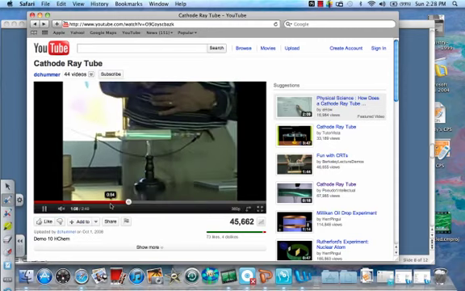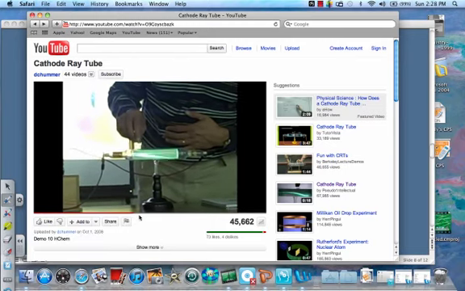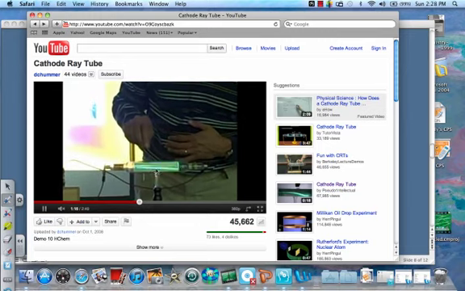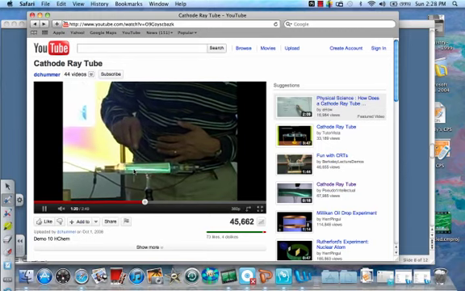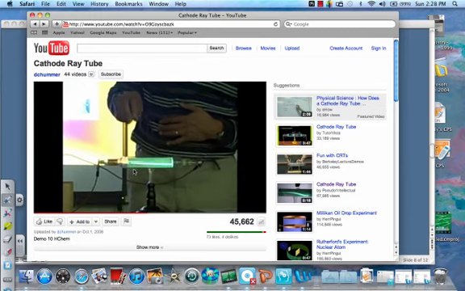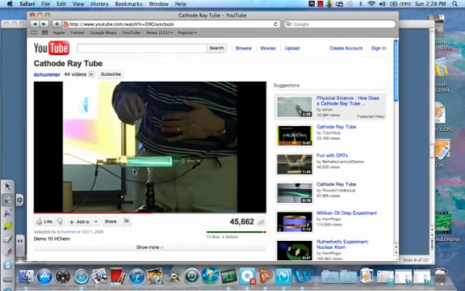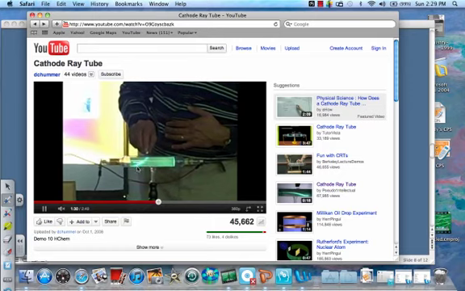So once you take the magnet on a certain end, you can see right here, it's being deflected, so it's being repelled. Now if you flip the magnet over and apply the magnetic field again, when you have a different pole, it's attracted. So if you can see that beam right there, it's actually going up.